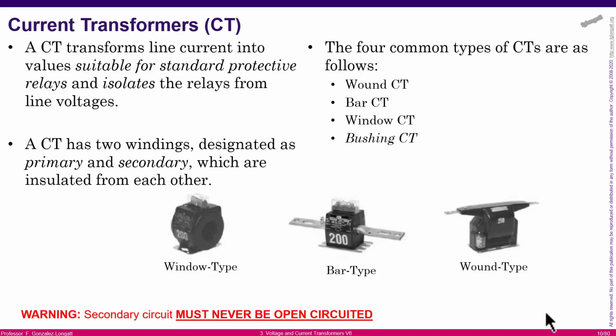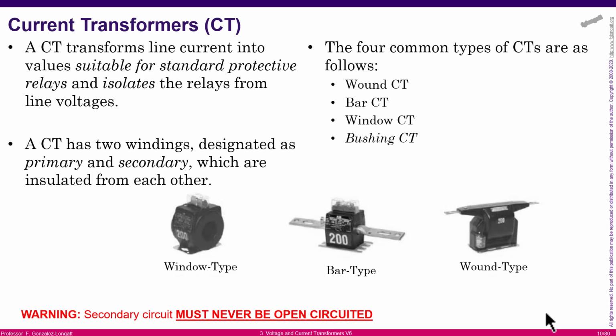Current transformers, the idea is that they take the AC signal from the primary and transform it into a current signal on the secondary. There is a transformer ratio, but the idea is transforming the signal, but at the same time providing isolation. There are many types of current transformer.